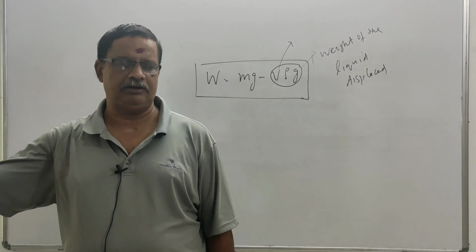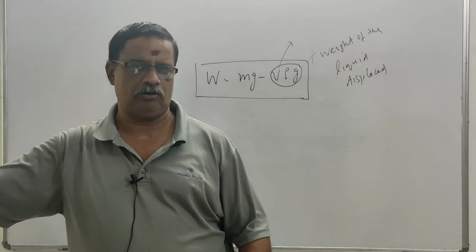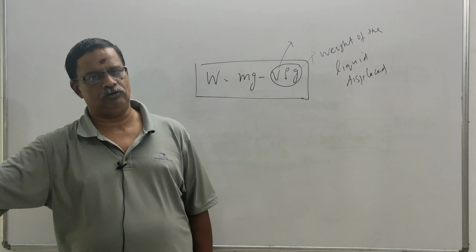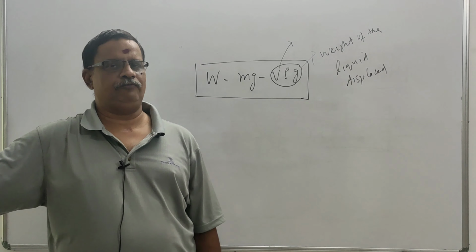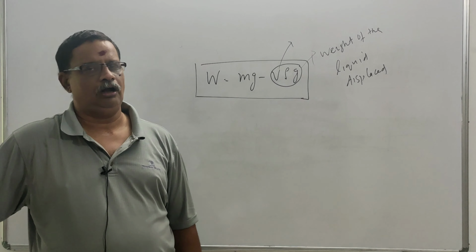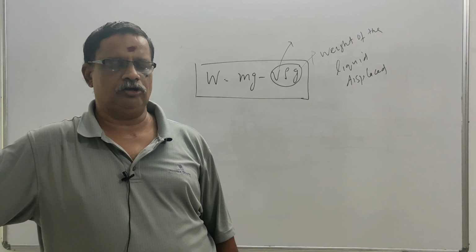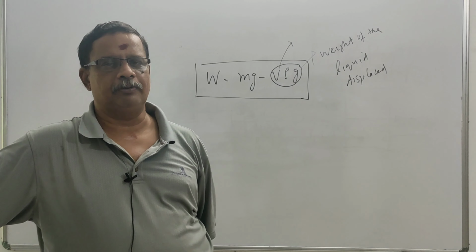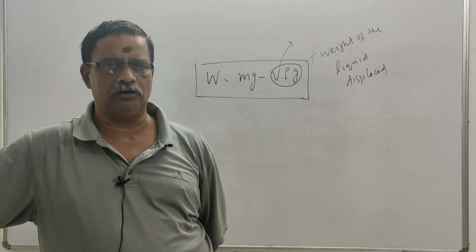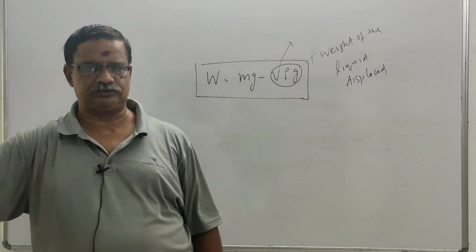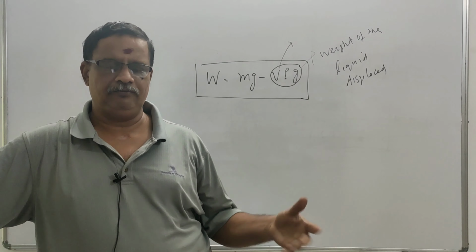Every body has a loss of weight, whether you weigh it in air or in water or in some other liquid, except when you weigh it in vacuum. Only when you weigh the body in vacuum, V rho g becomes 0 and W equals mg. In all other media there is a loss of weight. Even in air there is a loss of weight, but we neglect the loss of weight in air because the density of air is much smaller when compared with the density of most of the liquids. So that is why we are neglecting.